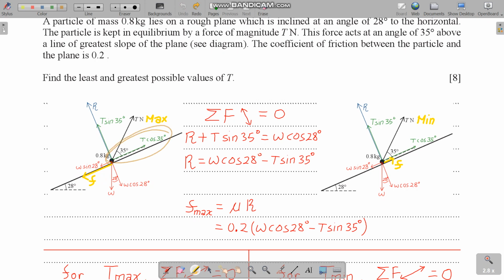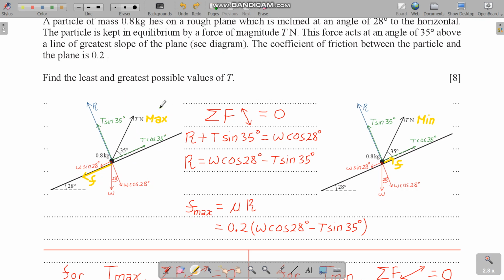If this T cos 35 degrees is greater than W sine 28, the object will try to accelerate in this direction. So the friction must oppose that possible movement. The friction must be down the slope to prevent the object from accelerating up the slope. So if T is too big, the friction is down the slope. This is for the maximum T.